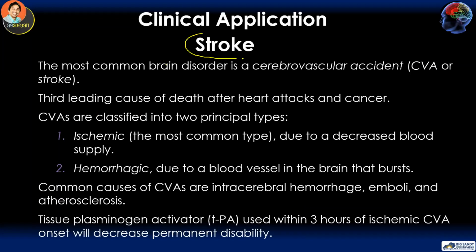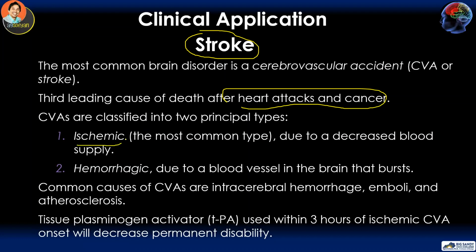Stroke. Stroke is when our brain does not get enough oxygen, so it might cause death, after heart attack or cancer. If it is not treated right away, it can cause death to the patient. There are two types of stroke.